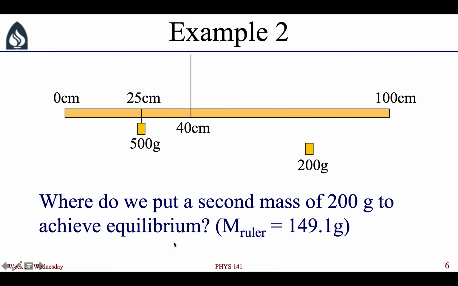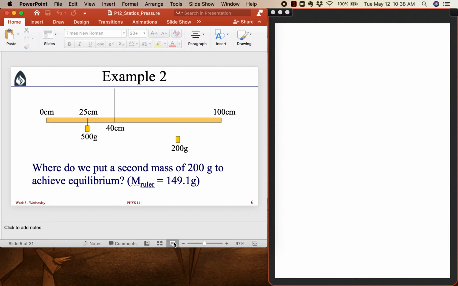We have a 500 gram weight, which is hanging at the 25 centimeter mark, and we have a 200 gram weight that we want to place on the ruler. And the question is asking, where do we put this second mass in order to achieve equilibrium? We want the ruler to balance on the string that it's hanging from.